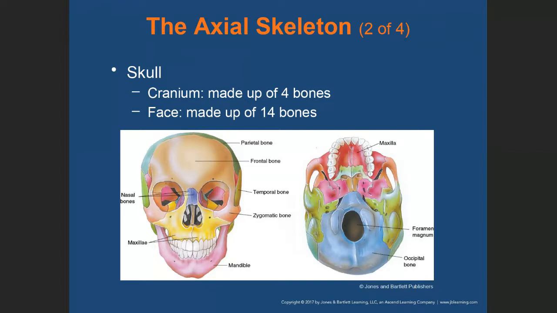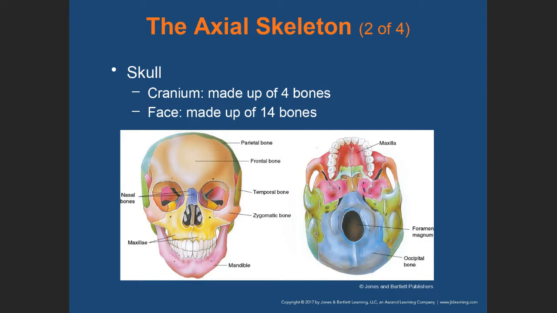So the 4 bones of the cranium, your upper jaw, which is the maxillae, the lower jaw, which is the mandible, the zygomatic bones, which are the cheekbones.